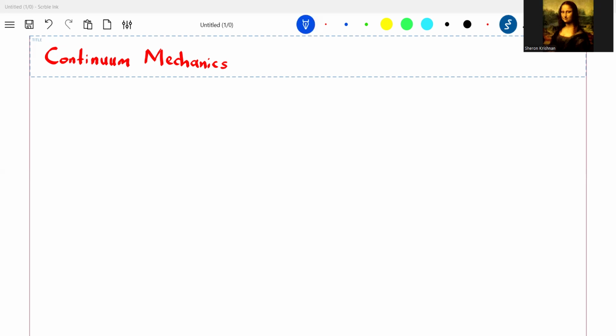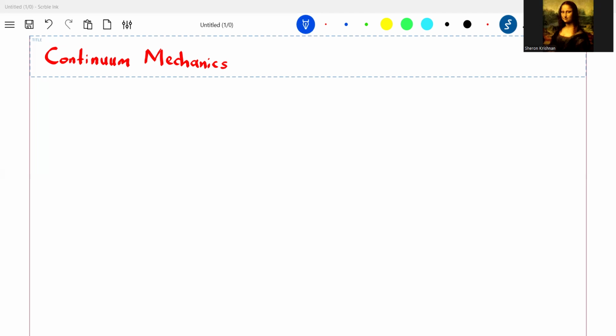Also, the application of this concept varies from simple experimental approaches to very large scale applications. Even most of the concepts in mechanical engineering and structural engineering are developed based on continuum mechanics.